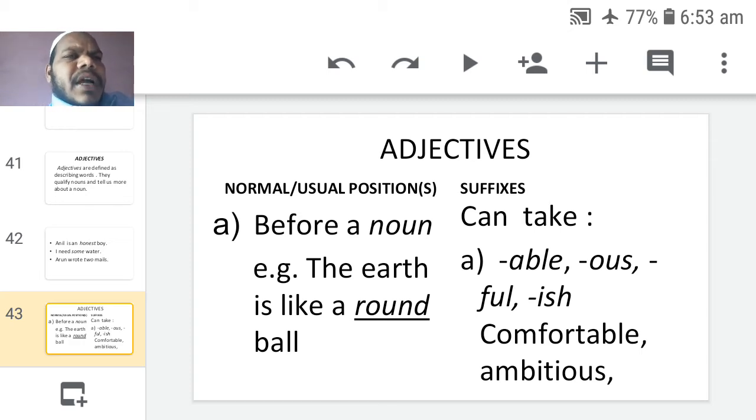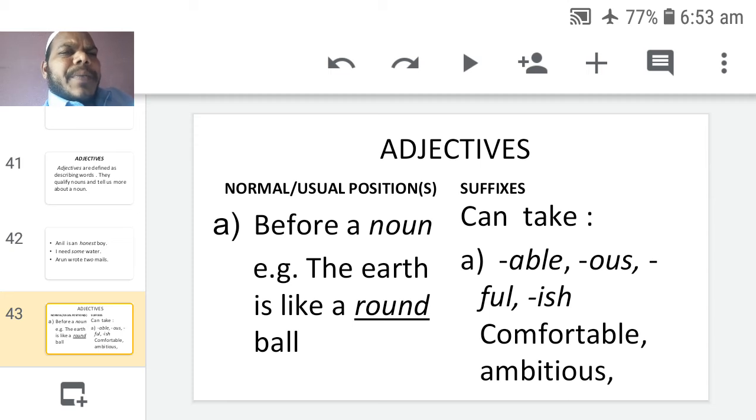The adjective comes before a noun. For example, the earth is like a round ball. Even if you don't know the meaning, by seeing that it comes before a noun, we can say ball is a noun, and we can conclude that round is nothing but an adjective.